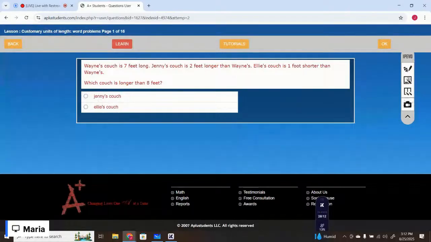Wayne's couch is 7 feet long. Jenny's couch is 2 feet longer than Wayne's. Ali's couch is 1 foot shorter than Wayne's. Which couch is longer than the others? We are given the couch is 2 feet longer.